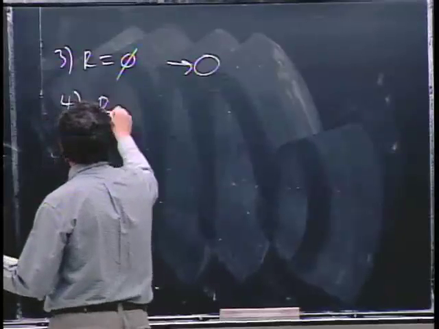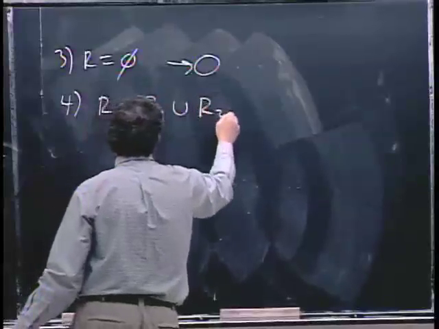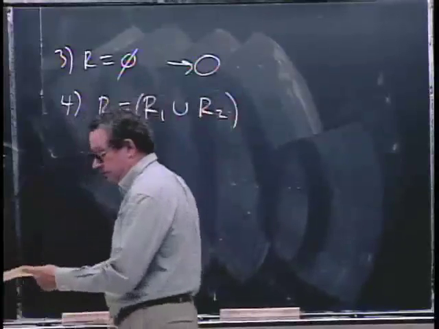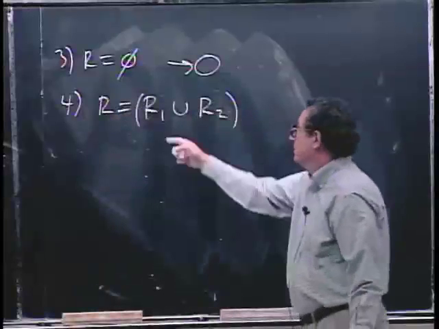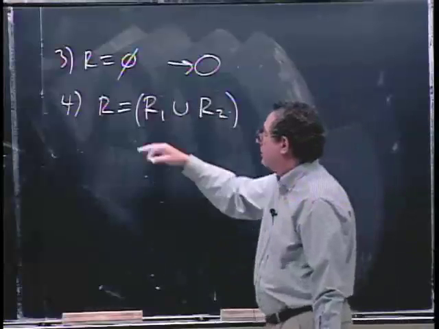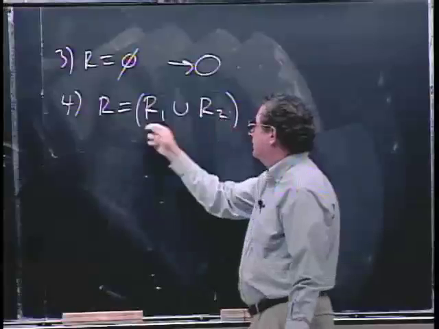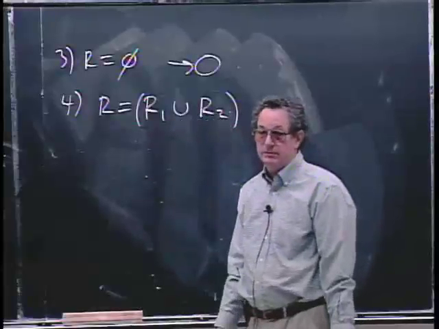All right, so now if we have a regular expression, which is the union of two regular expressions, how do we build an NFA that recognizes the same language as described by this regular expression?